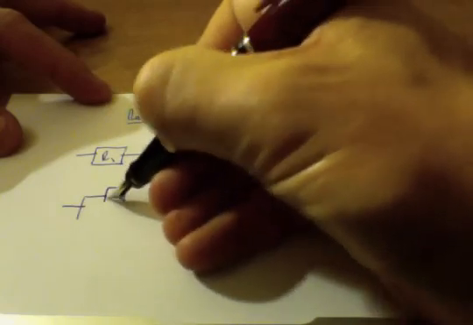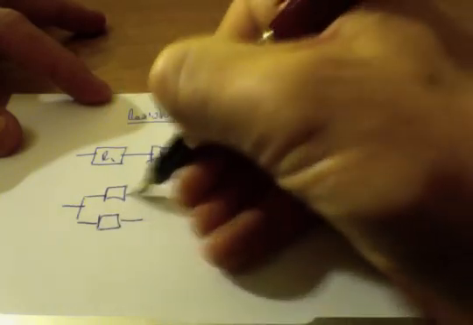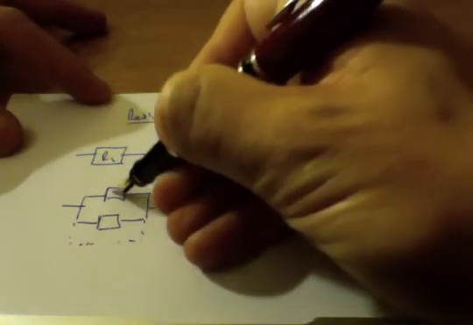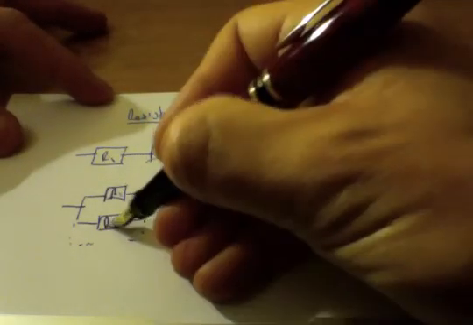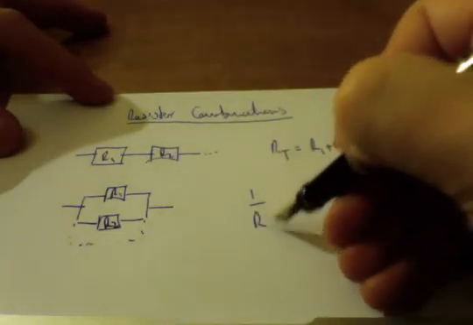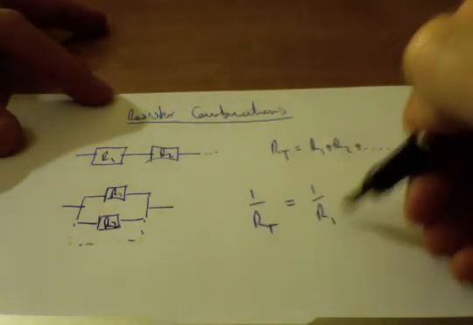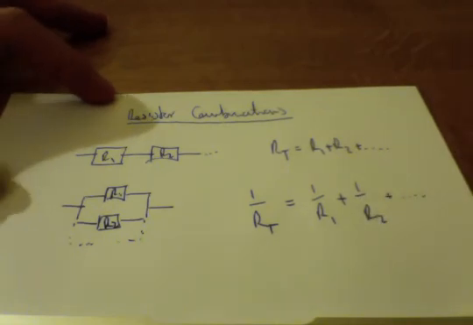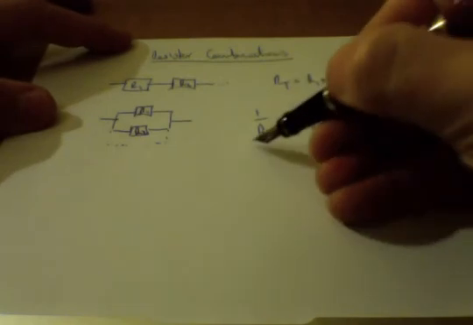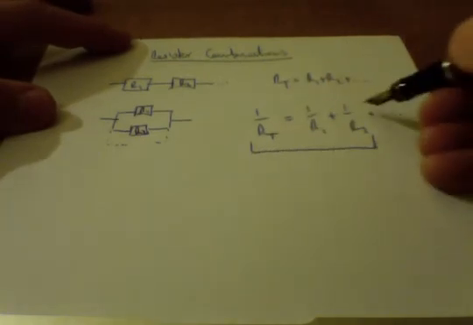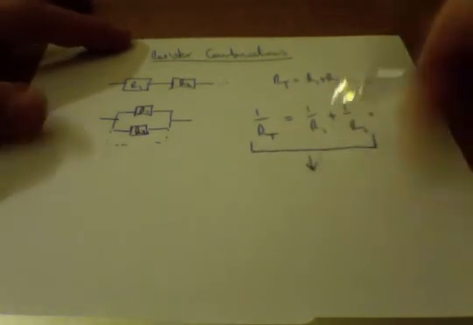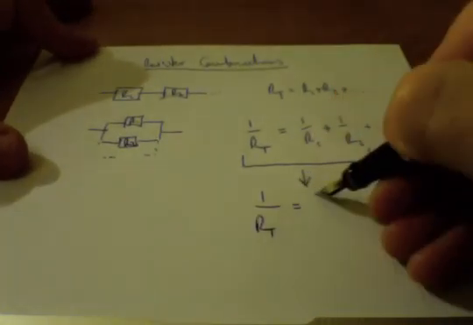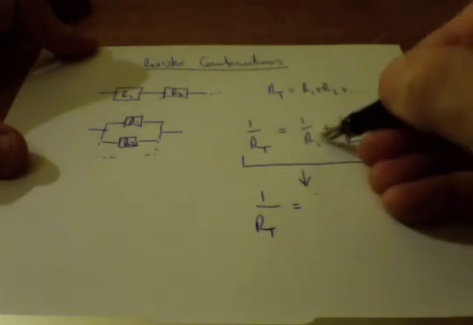However, in a parallel combination, this can be as many as you want. R1, R2. That 1 over the total resistance is 1 over R1 plus 1 over R2 plus, and we carry on going. Now for the case where we're only using 2 resistors, then this can be simplified. 1 over R total, let's make a common denominator here.